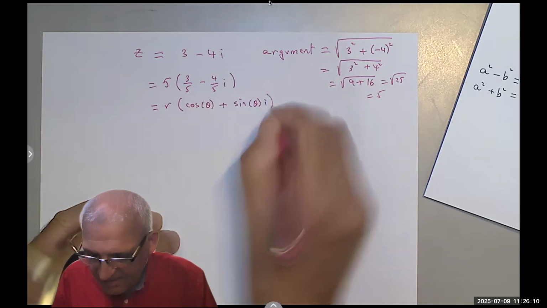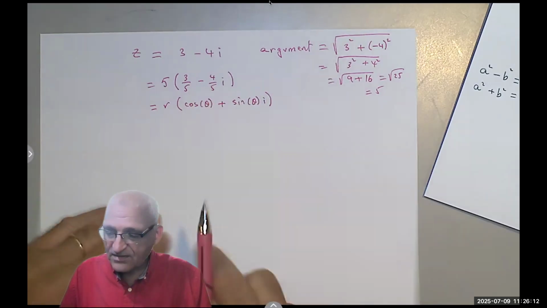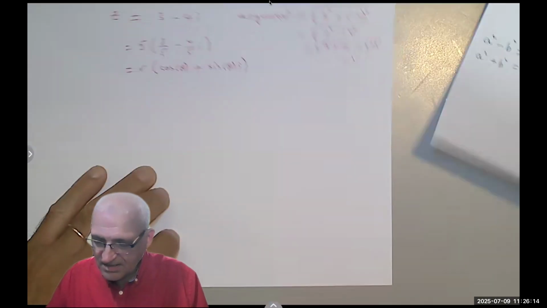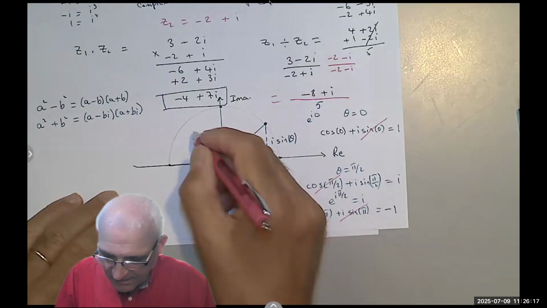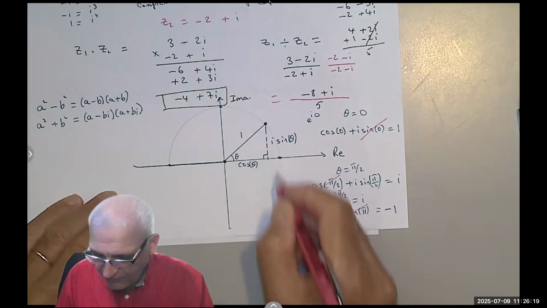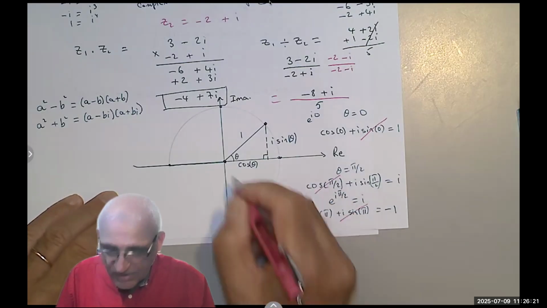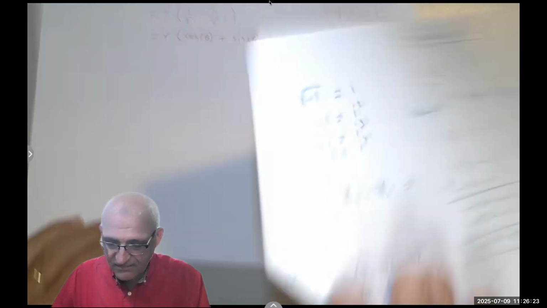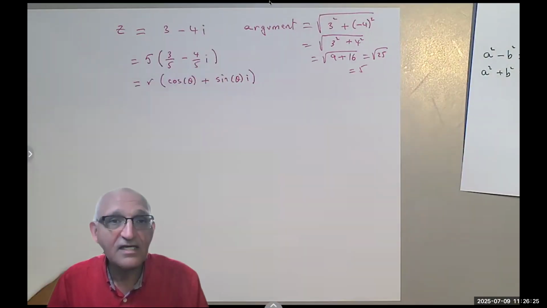And why is it negative? It is negative because 3 minus 4i is in the fourth quadrant. First, second, third, fourth. I go 3, 4. In the fourth quadrant, the cosine is positive and the sine is negative.